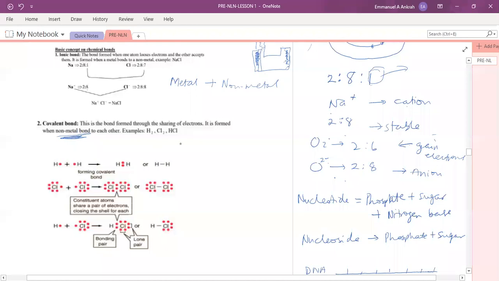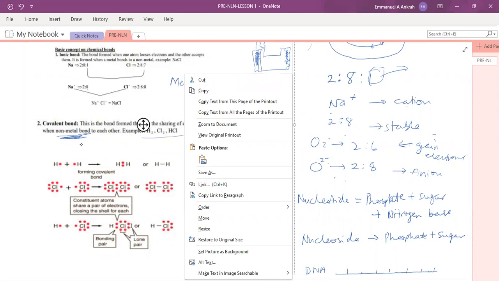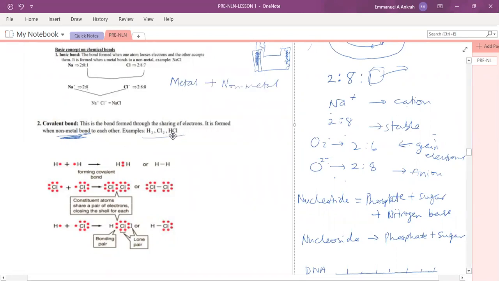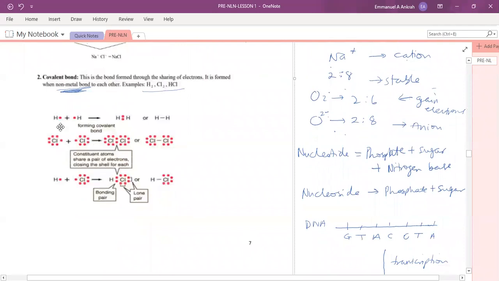Okay. So an example would be if you have H2, Cl2, HCl, these are all non-metals. So they will form covalent bonds. Okay. So if you look at what I have here, now hydrogen has 1 electron and the other hydrogen has 1 electron.